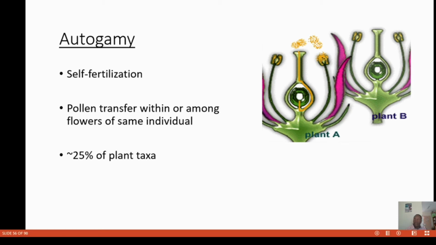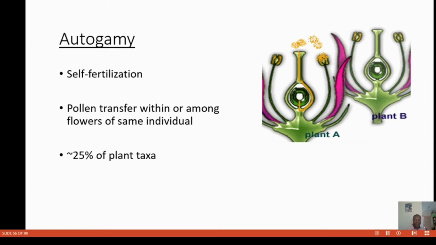Autogamy is a terminology which refers to self-fertilization, automatic gamete exchange within a flower, or among flowers of the same individual.